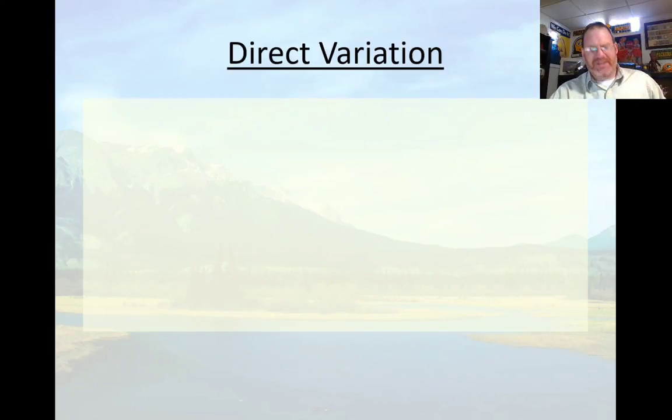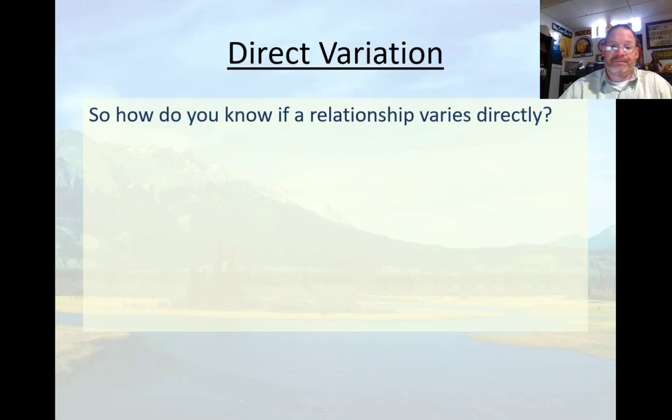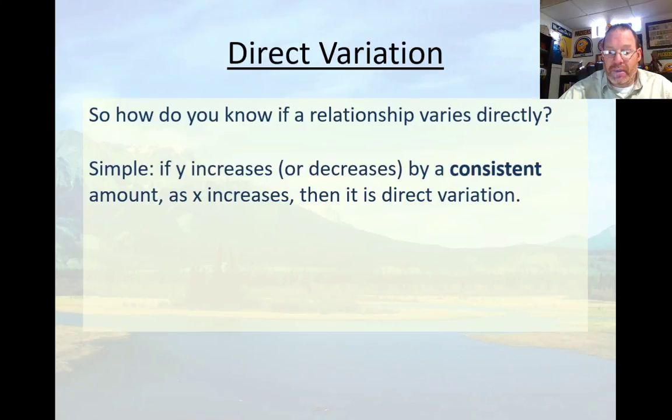So how do you decide whether or not a relationship varies directly? Well, it's pretty simple. Thinking about what the graph of y equals kx is, it's just a linear relationship. It's a straight line. So you're going to have the same type of increase or decrease for both x and y.